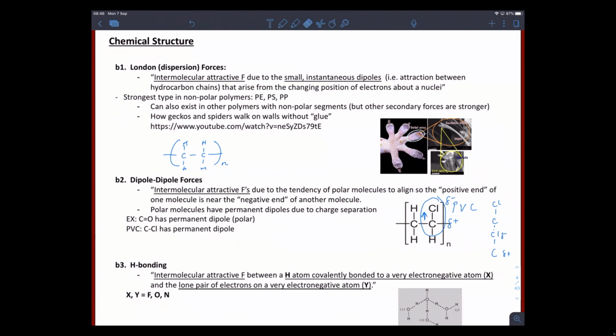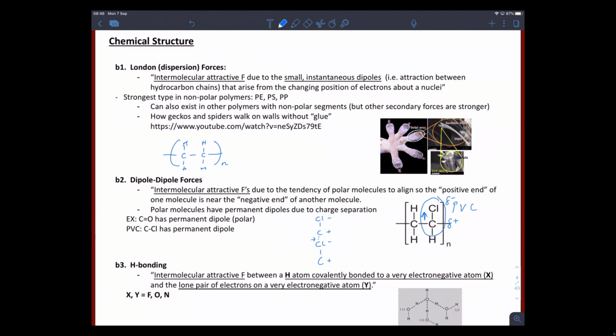Let me just draw that again. So that will be an attractive force, the intermolecular force where that attraction occurs.